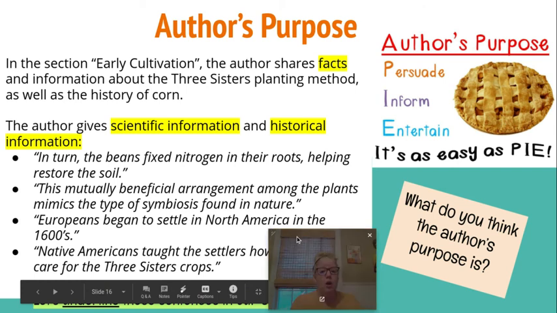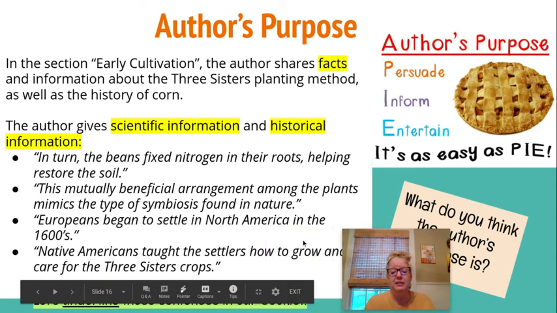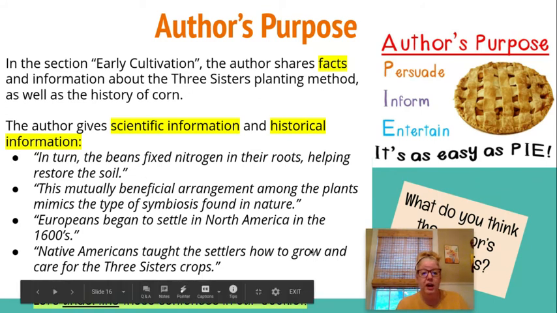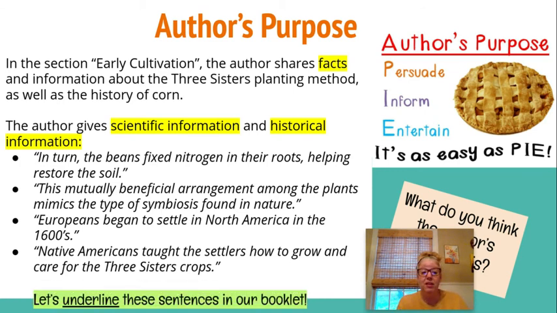Now, the author's purpose is a little bit different than the author's point of view or perspective. So why do you think the author wrote this part of the text? Okay, so in that section that we just read, Early Cultivation, the author shares facts and information about the Three Sisters planting method as well as the history of corn.